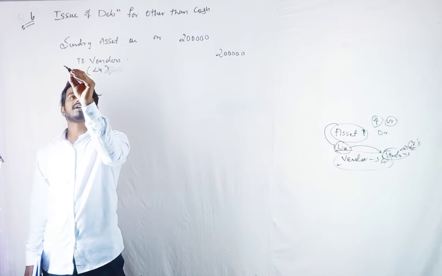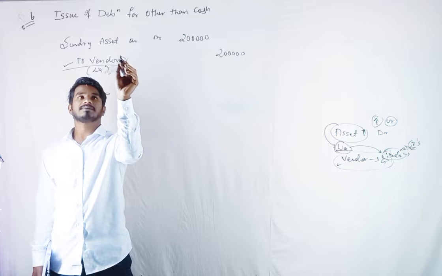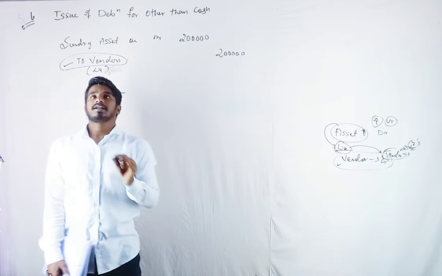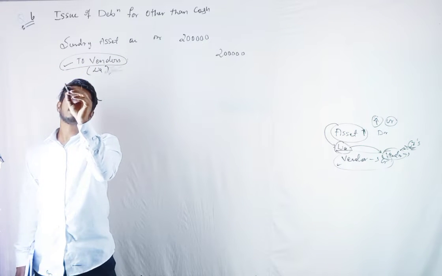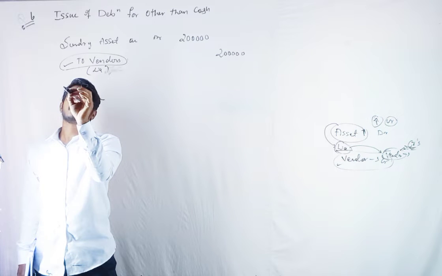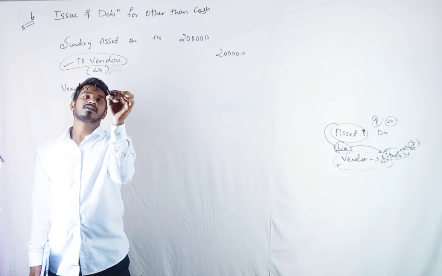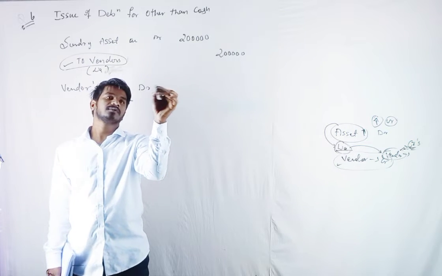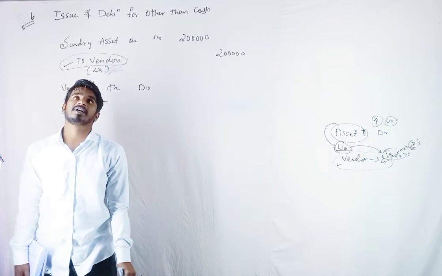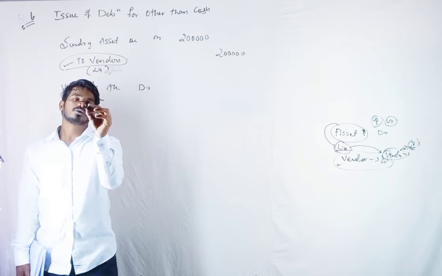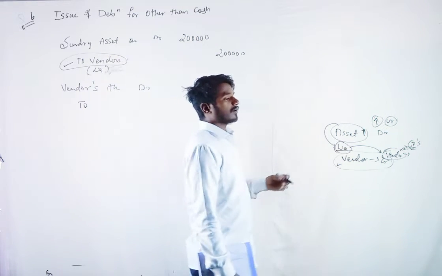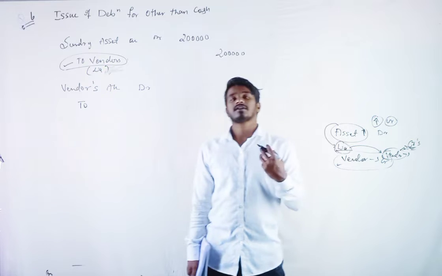Then at the time of payment, we are going to remit the liability. If we want to remit the liability, what will we do? We will reverse the entry. Vendors account debit to, through what are we paying?